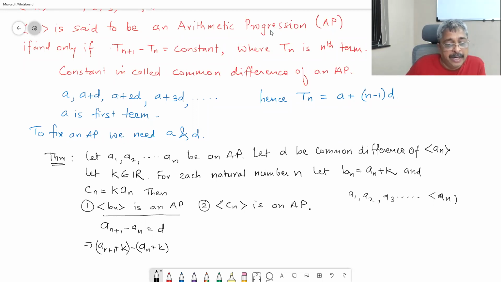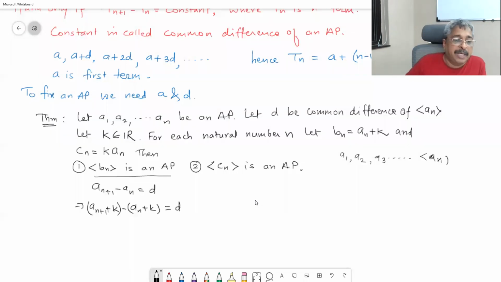One we are adding, another we are subtracting. Therefore, it is also equal to d. So this implies Bn+1 minus Bn is equal to d, and hence by definition Bn is an AP.